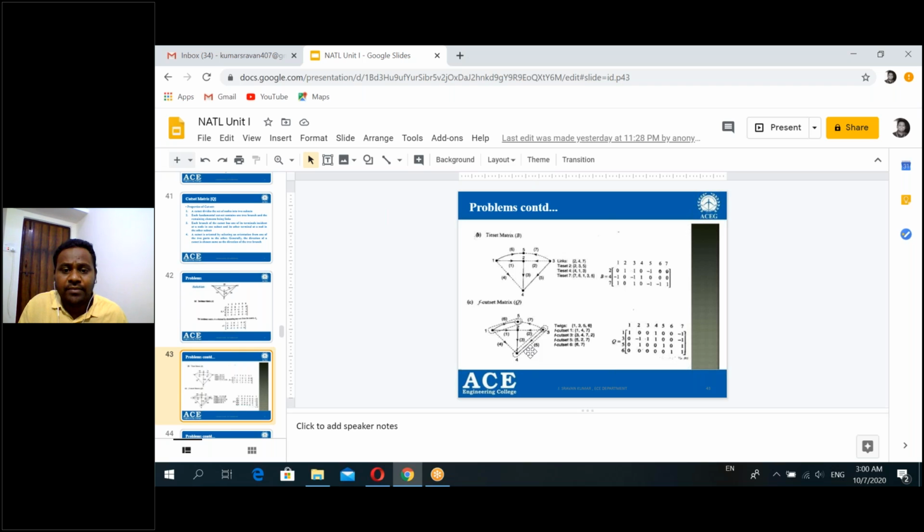Next, cut set 3, at node 3 or twig 3. Now see, 3 is the twig, with 4, 7, 2. This is 3, this is 4, 3, 2, 7, this is the arc.